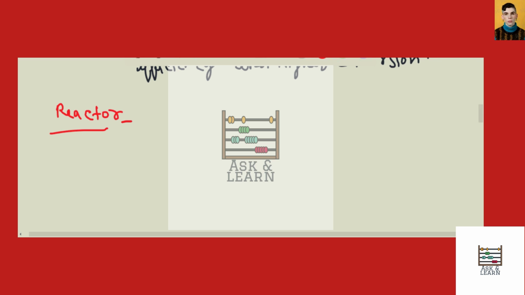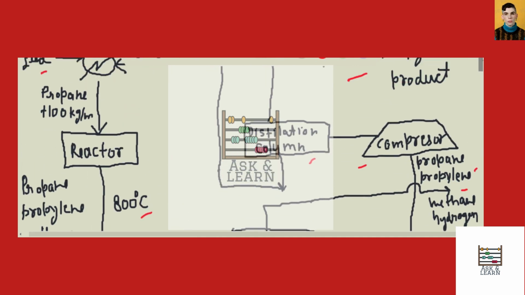Then the absorption tower is to separate the methane and hydrogen side product from propylene dissolved in the oil.